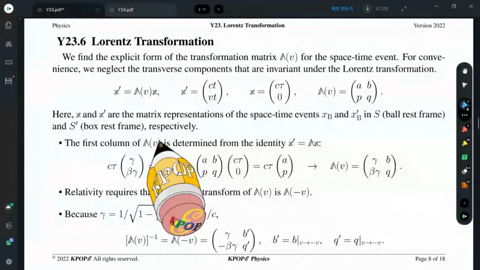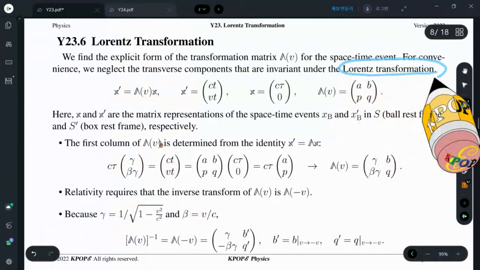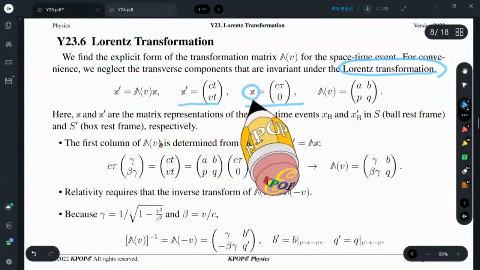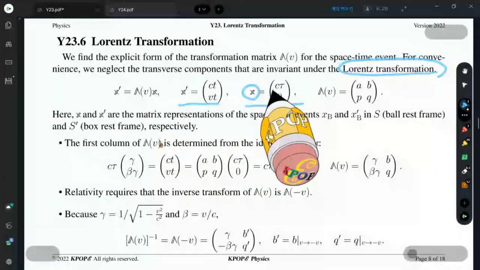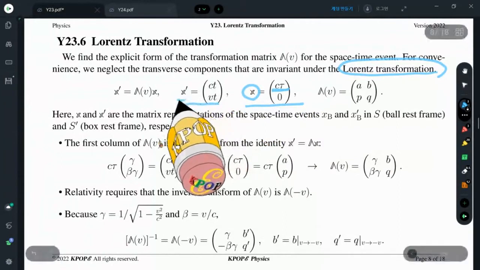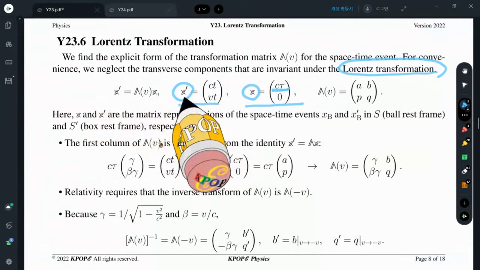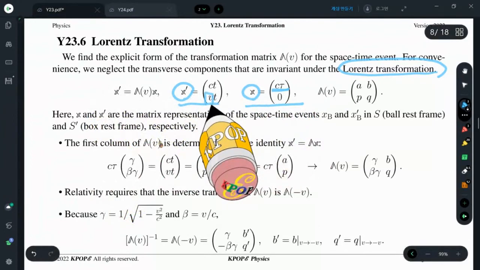Based on these two observations, we can find the space-time coordinate transformation rule that is called the Lorentz transformation. We have two frames of reference, one fixed to a particle. Here we have proper time only, and the frame x prime is measured in a frame when the object is moving with the velocity v.